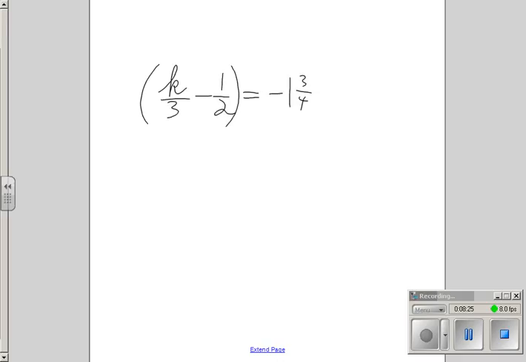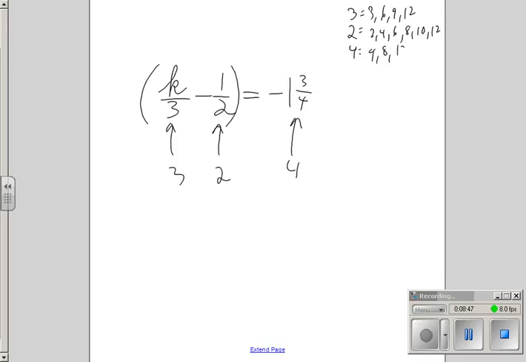If I look at the denominators of this term and this term, this is a 3, this is a 2, this is a 4. If I find a common multiple of those three numbers, 3, 6, 9, 12; 2, 4, 6, 8, 10, 12; 4, 8, 12. The first multiple they all share is 12.